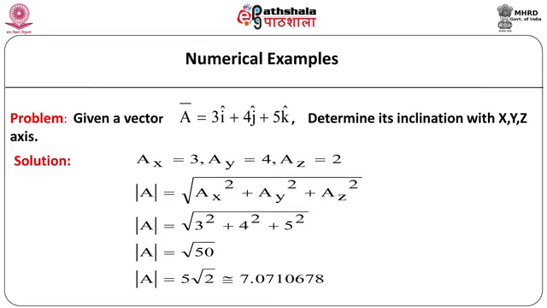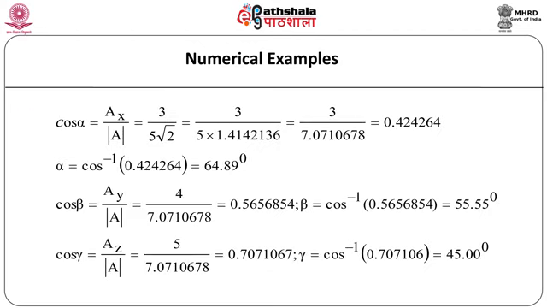At the end, let us get familiar with some computational aspects with the help of few numerical exercises. Consider problem number 1. Given a vector, determine its inclination with x, y and z axis. Definitely, the problem is pertaining to direction cosines. We need to know magnitude of the vector and its components. The vector has magnitude 7.071 unit and has x, y, z components as 3, 4 and 5 respectively.